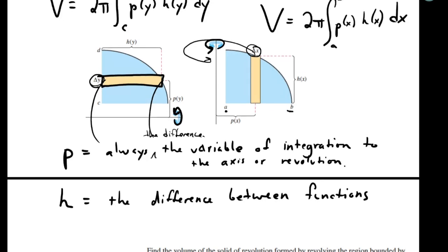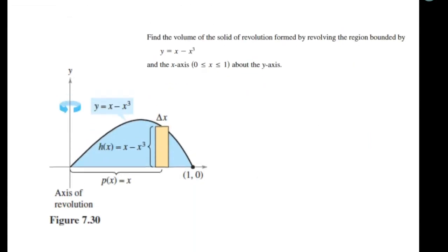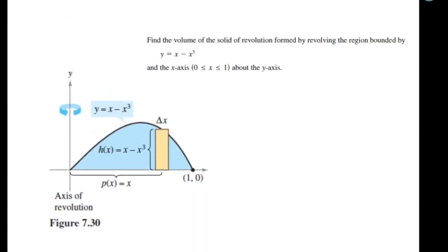So let me run through an example for you, and then I'll let you try an example. We want to find the volume of a solid of revolution by revolving this region around the y-axis. As you notice, we are parallel with the y-axis. Our width is in x, so we want x as the variable of integration, right?